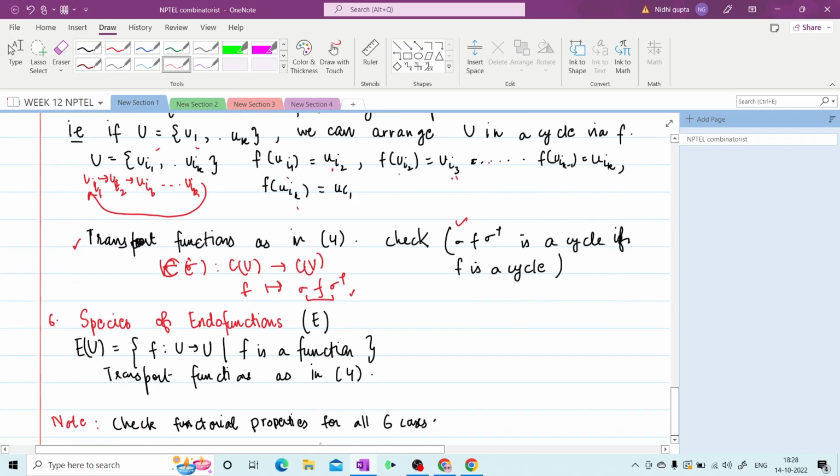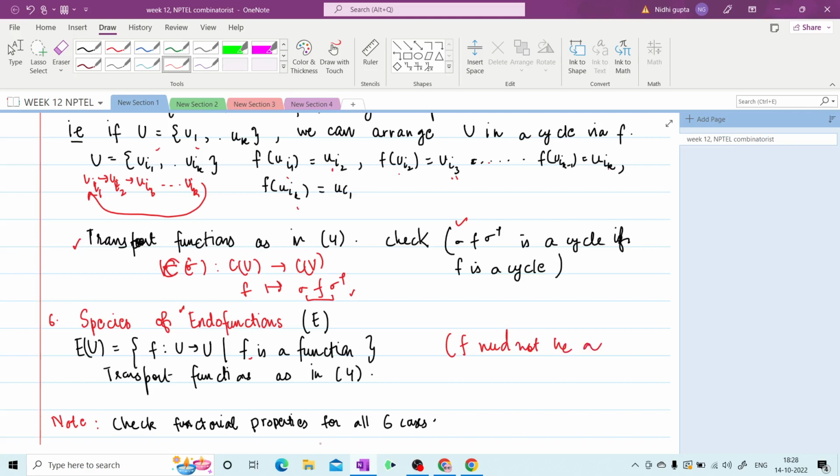And the last species for this session is the species of endofunctions, which we denote by capital E. It sends a set U to the set of functions on U. Now how is it different? Now f is a function from U to U, and f need not be a bijection.